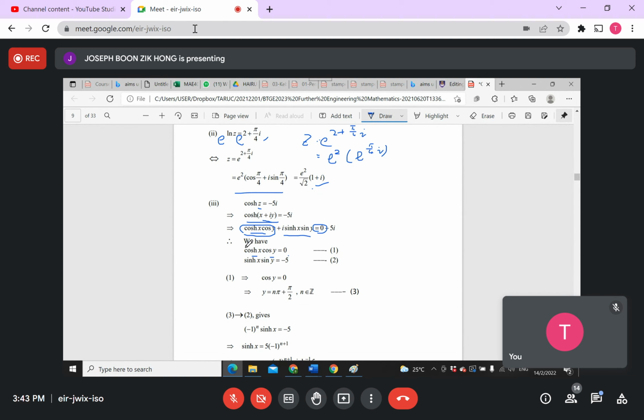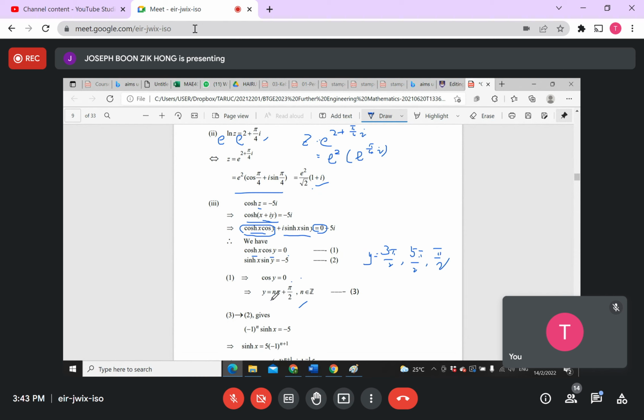Again, cos hyperbolic won't give you 0, only cos y will give you the 0. Cos y equal to 0 means y is n pi plus pi over 2. You can try y equal to 3 pi over 2, 5 pi over 2, 7 pi over 2, or pi over 2, you will always get 0.